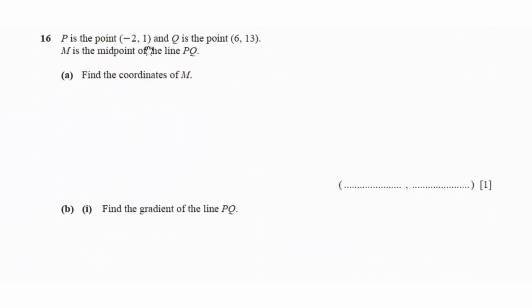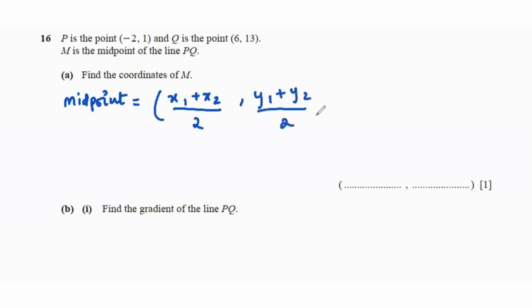Question 16 says P is the point (-2, 1) and Q is the point (6, 13). M is the midpoint of the line PQ. Find the coordinates of M. So midpoint has the formula (x1 plus x2) over 2, comma (y1 plus y2) over 2.